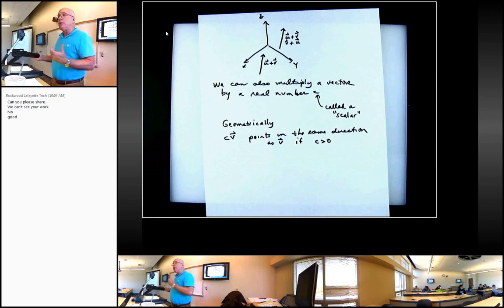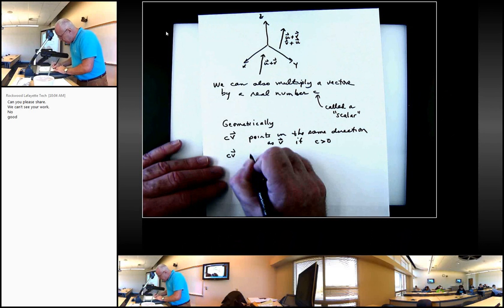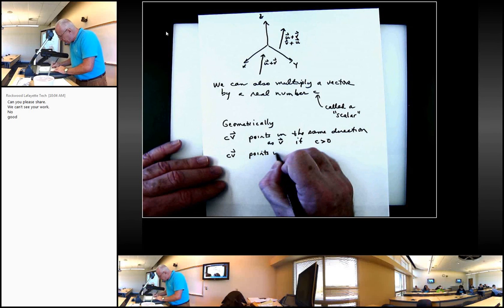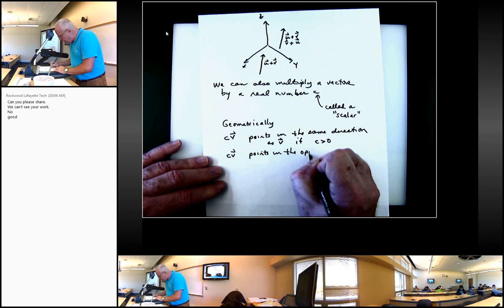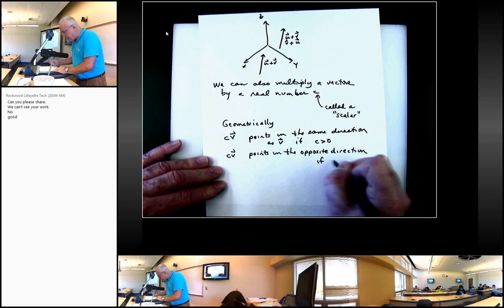However, we can multiply a vector by a negative number, in which case it'll point 180 degrees opposite. So cv points in the opposite direction if c is a negative number.